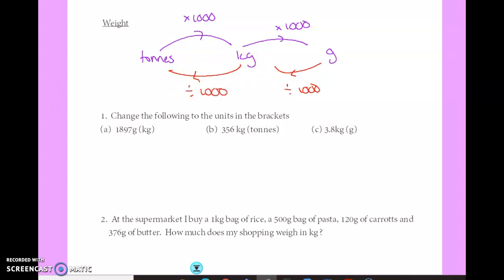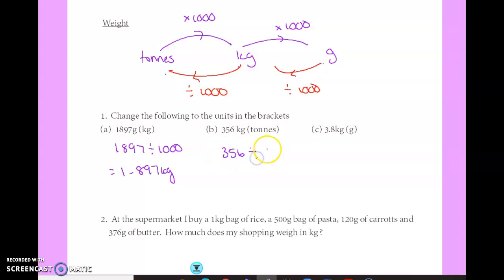Okay, let's see if we can change some of these then. So we're going to change grams to kilograms. To go from grams to kilograms, I divide by 1,000. 1.897 kilograms. Part B, 356 kilograms to tonnes. Kilograms to tonnes, I'm dividing by 1,000.